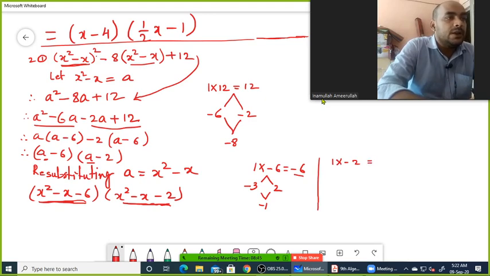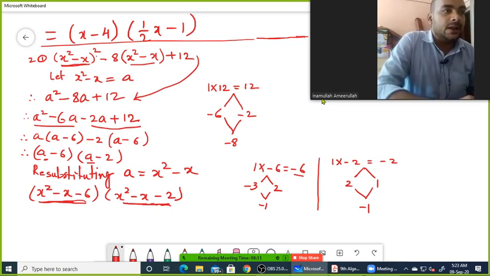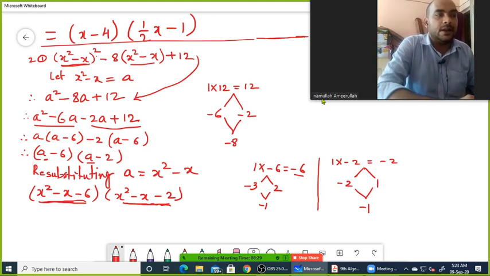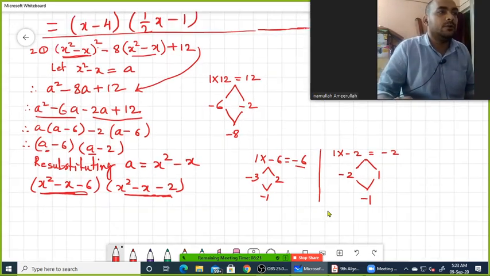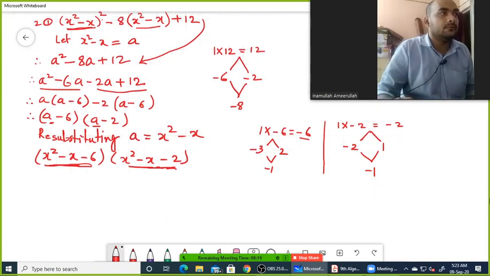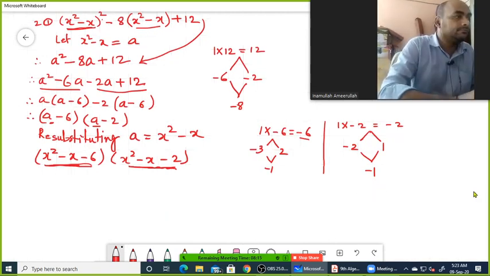So we need a product of minus 2, and their sum should be negative 1. So here we can take 2 ones are 2. Since we need negative 2 and negative 1, I can take negative 2 and positive 1. So these two can be the linear factors for this second polynomial.